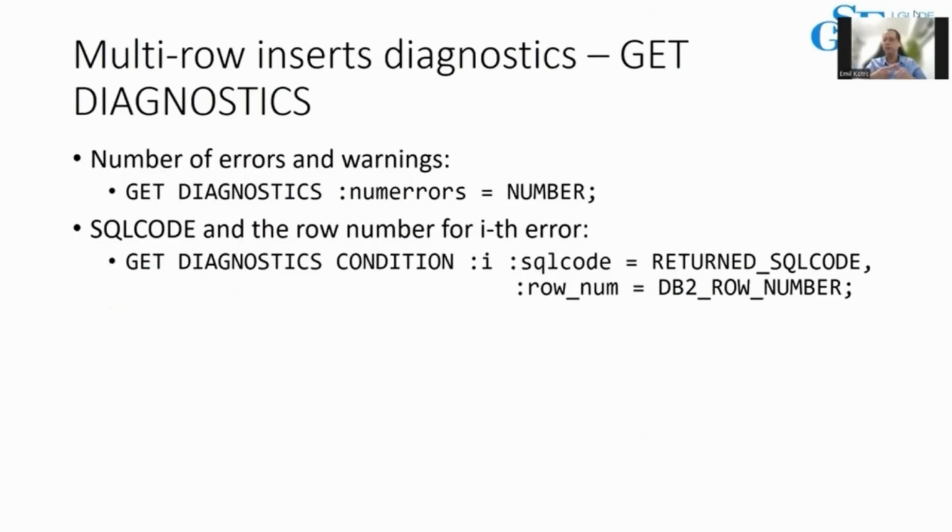So you would see what was the SQL code and what was the row, so that you can see, okay, for this row, DB2 was not able to insert because, I don't know, maybe the unique rule was violated or whatever. So you can change the row or do whatever your application needs, and then you can restart. But it's more tricky because now some rows were already inserted, right? So you need to keep that in mind. That's why I mentioned that application restarts are much simpler with atomic than not atomic.